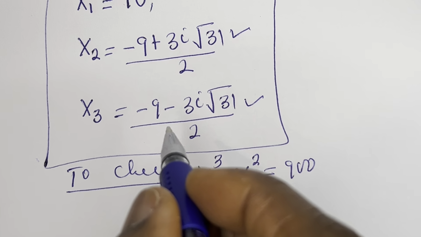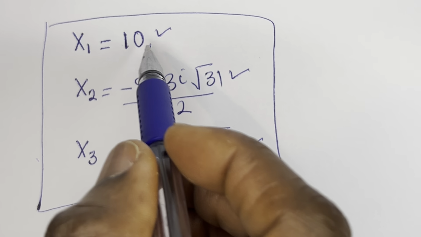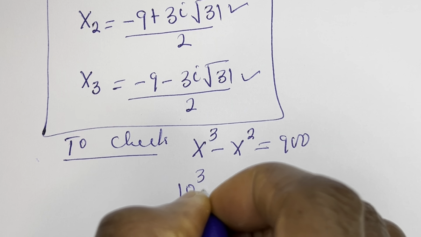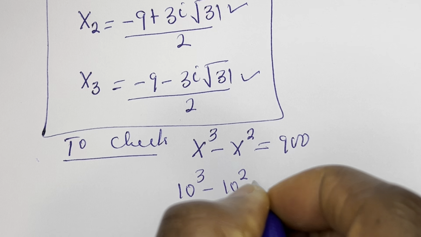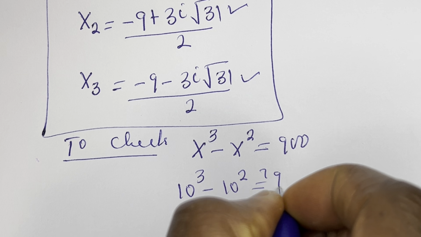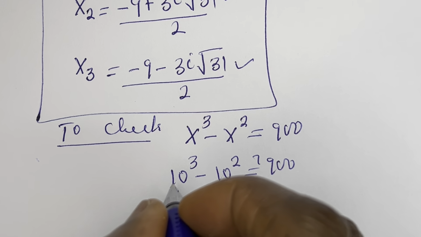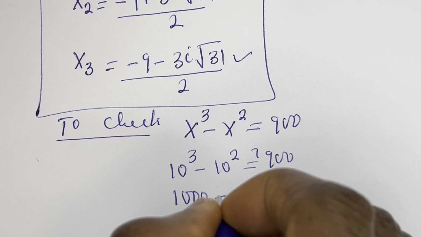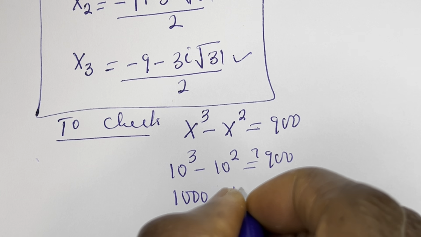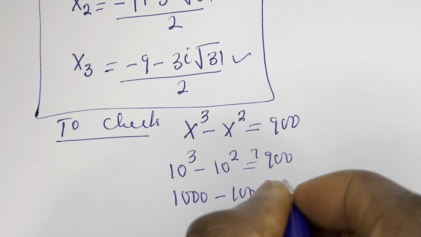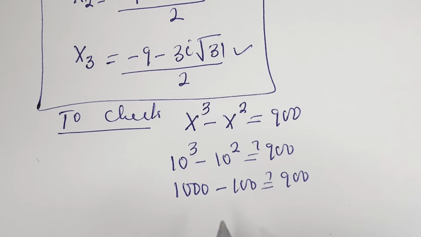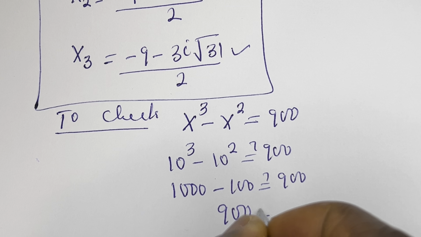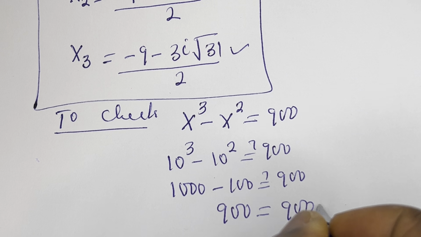Then when s is equal to 10, we can check with the real roots here. We have 10 to the power of 3 minus 10 squared must be equal to 900. Now 10 to the power of 3, this is 1000 minus 10 squared, that is 100, must be equal to 900. Now here 1000 minus 100, this is 900, is equal to 900, which is true.